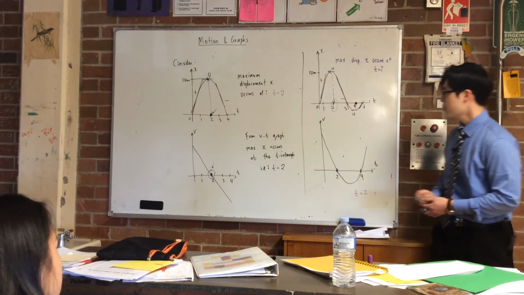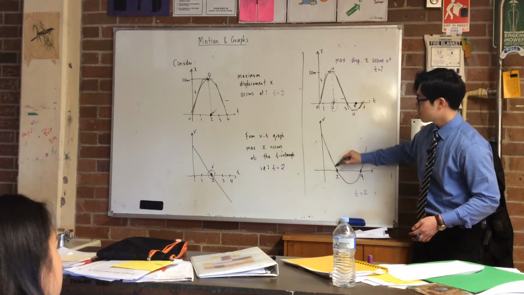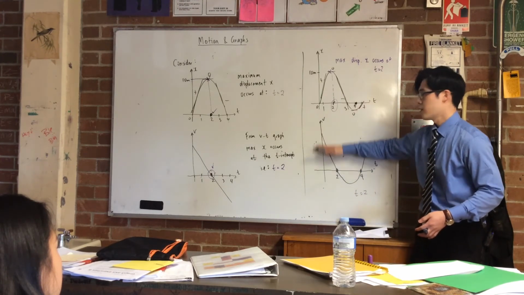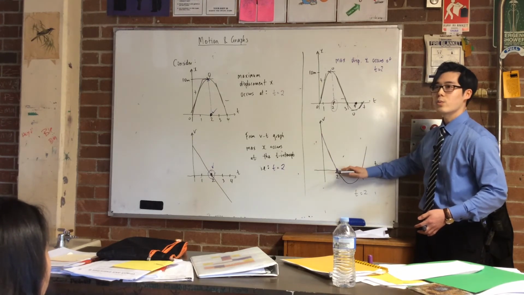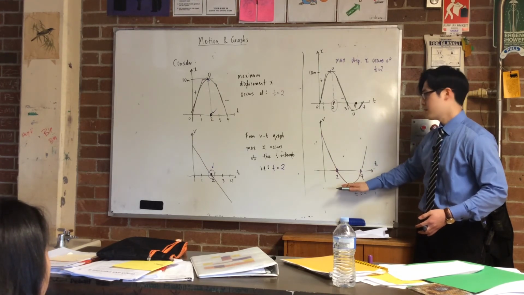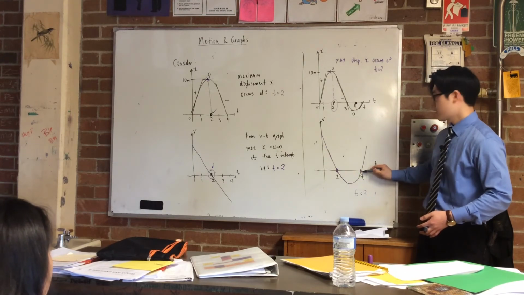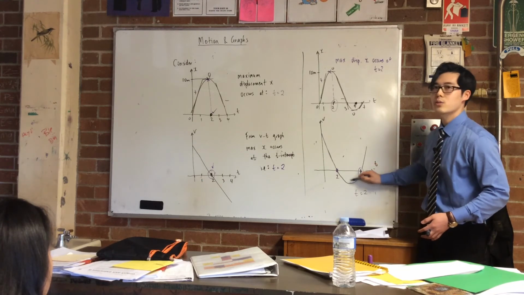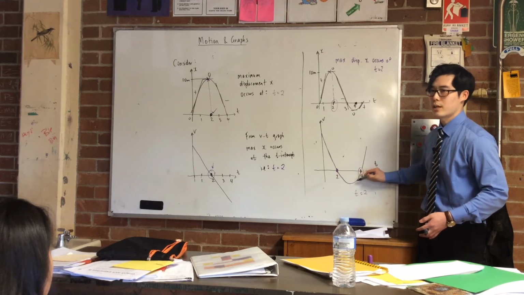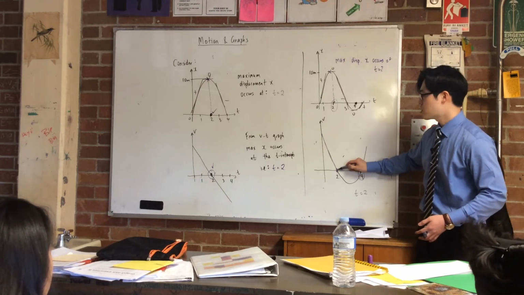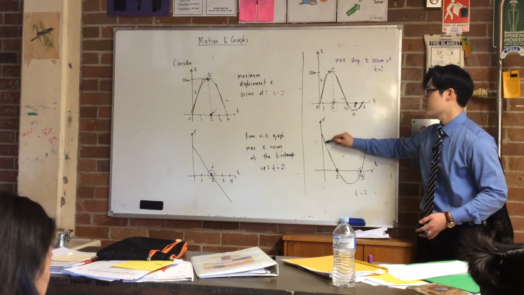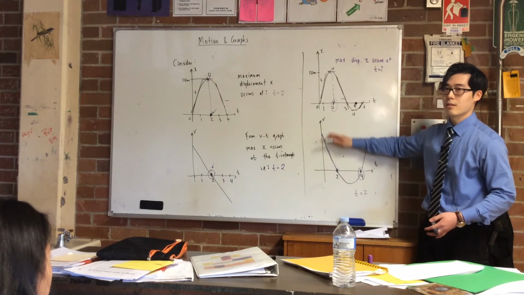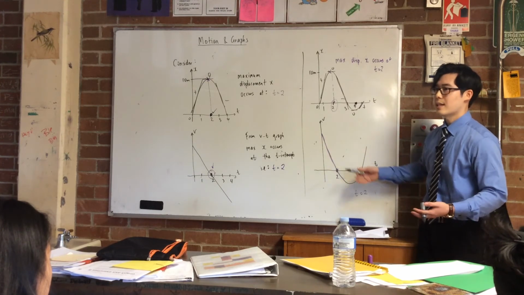From here, these are all positive velocity, isn't it? But as soon as we go down here, we have negative velocity. So that's not the answer, because if I choose that one, that includes all the negative, opposite direction. We want the one where it only counts positive velocity. Does that make sense? So that's how you read it.